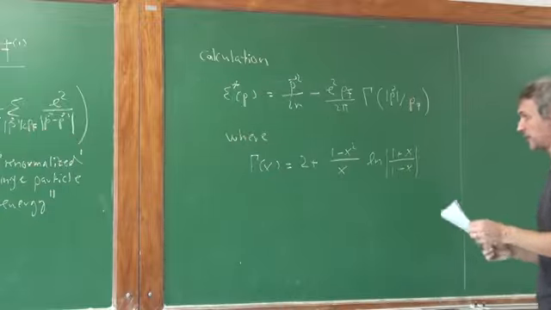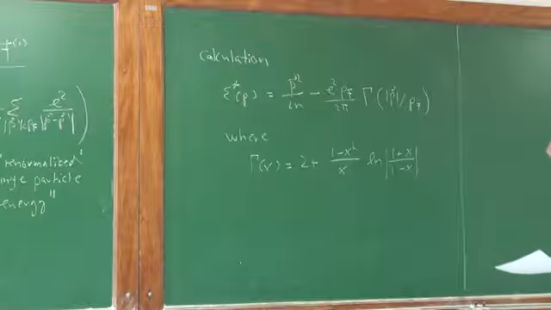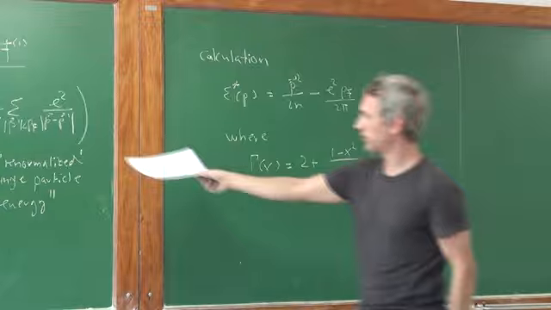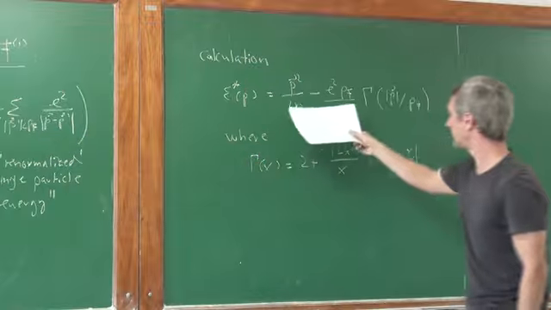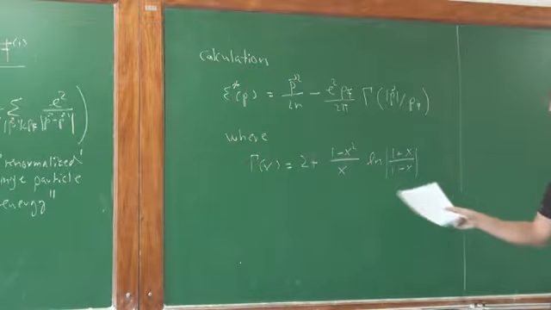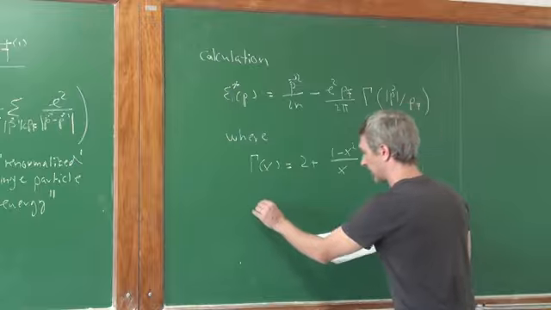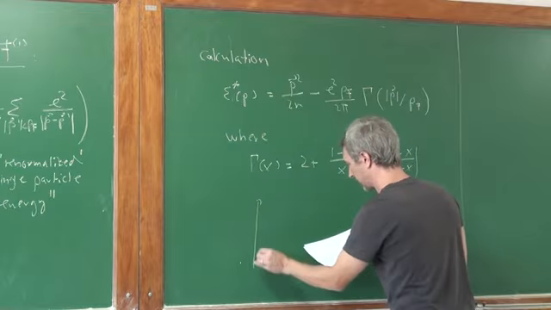We can try to do it. It's, I think, also in Mahan and other books, but you can try to do it. Maybe I'll make an exercise out of it. But you can just believe me that one can do this integral, and what one arrives at is this function here.